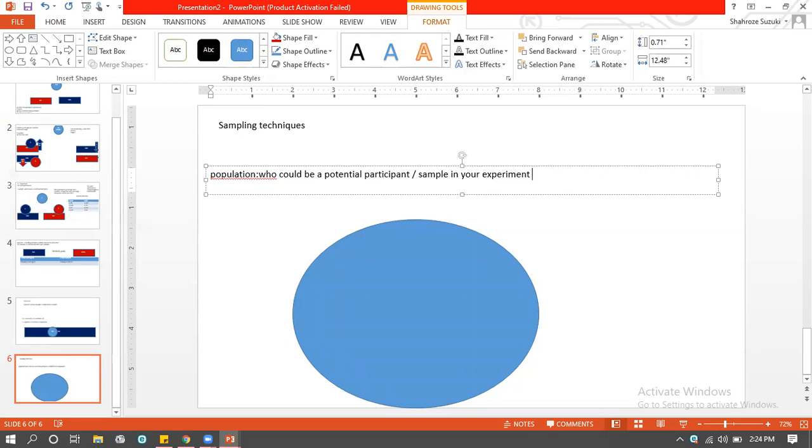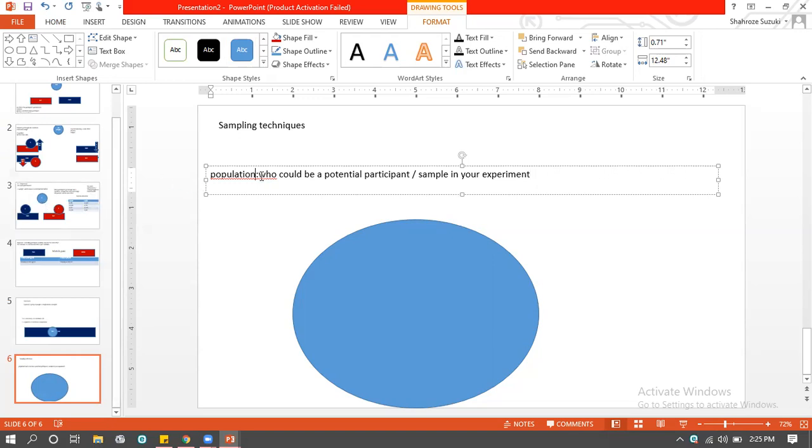It means, depending on my research, if I want to do it on transgender people, my population is gonna be only the transgender people on Earth, because my study will only include transgender people. So everyone who's transgender has some percentage chance to be in my study. If you're not transgender, you have 0% chance to be in my study.